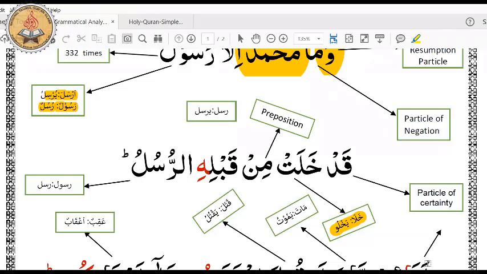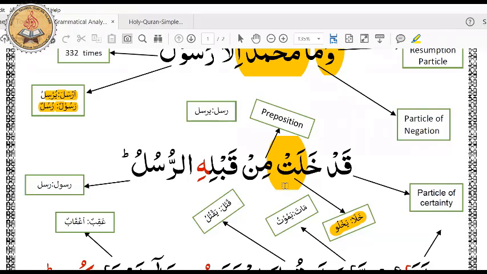And when any doing word, any verb, ends with a ta sakina, like ta with a sukoon, this ta is a big indication that this is a feminine verb. This is not a masculine verb, but a feminine word. And we say qad khalat. So surely, certainly, khalat has passed away.